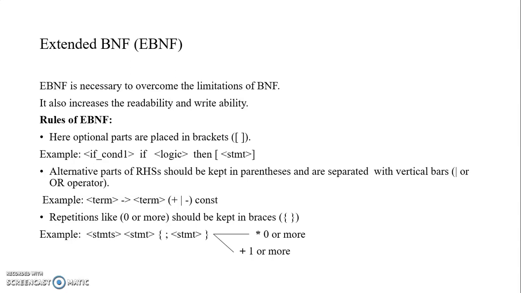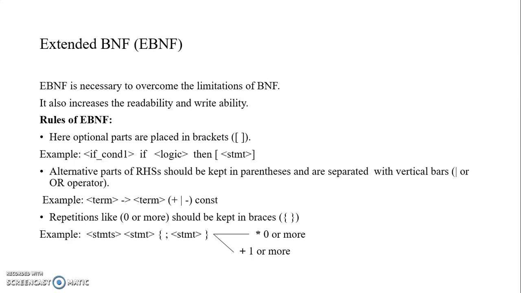If you don't, then I'm repeating that the basic difference between EBNF and BNF is that EBNF is built to overcome all the limitations of BNF, that is Backus Normal Form. In BNF you have to keep one LHS, the left hand side part, and one RHS, the right hand side part.